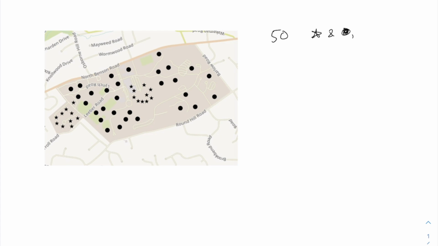And if you count them up, you will find there's 20 stars and 30 of the circles. And your job is to divide this into 5 districts of 10 each.